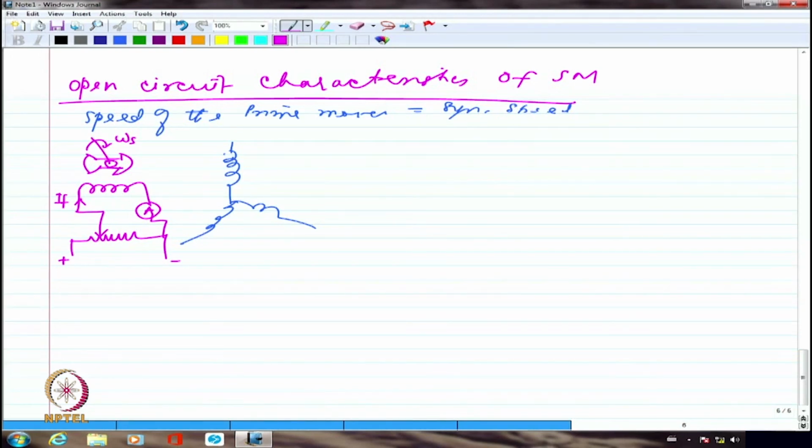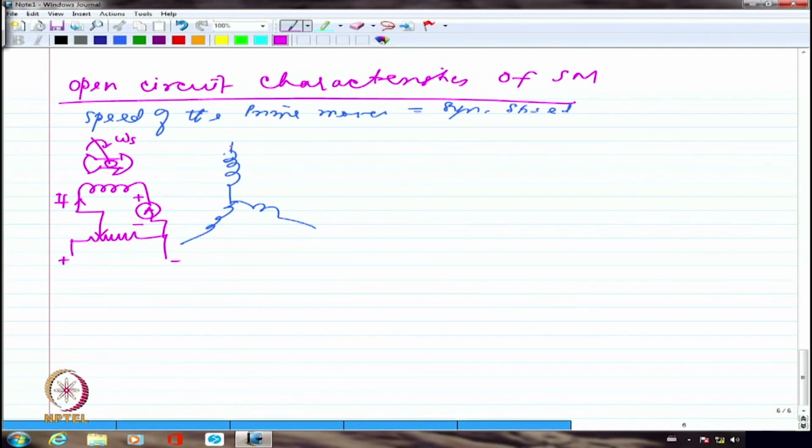So I will have a variable voltage applied to my field system, because of which the ammeter will read different values of current depending upon how much voltage I am applying.